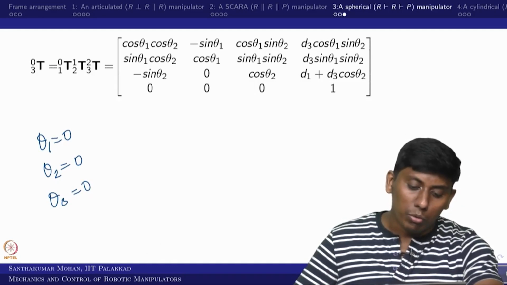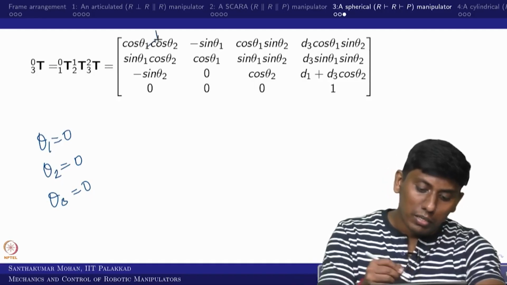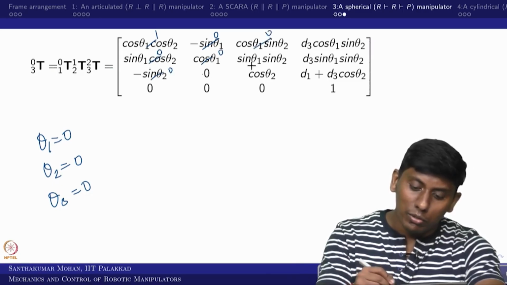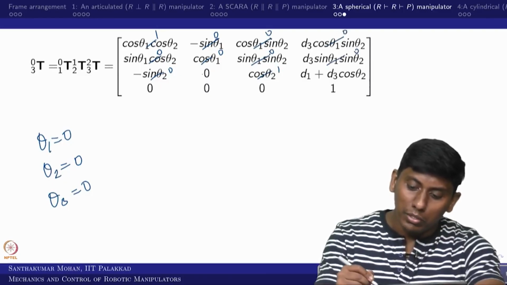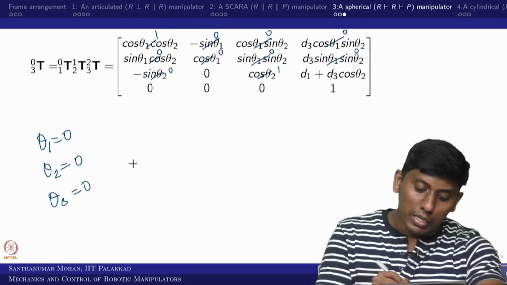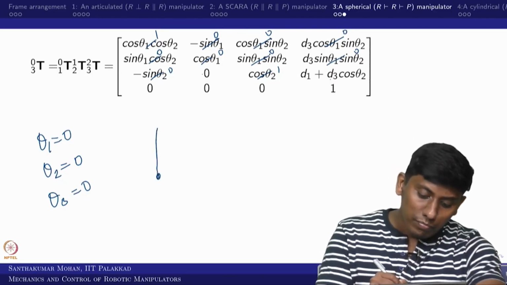So, this becomes 1, this becomes 0, this 0, this also becomes 0, this is already 0, this combination is 0, this is 1, this becomes 0, this also becomes 0, and this remains D1 plus D3, right.